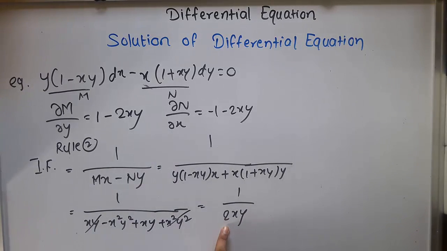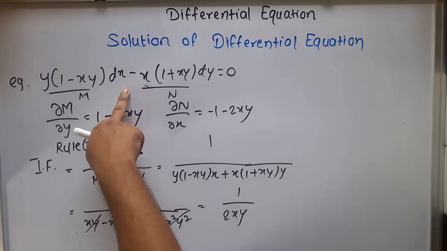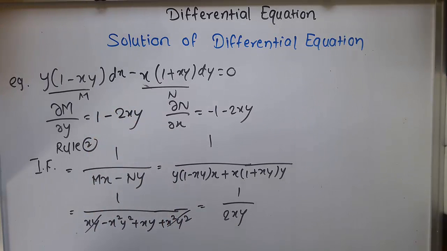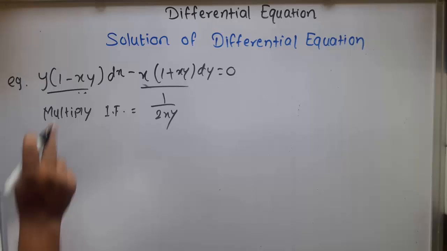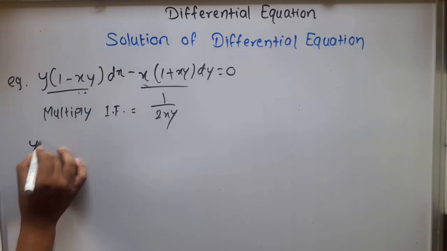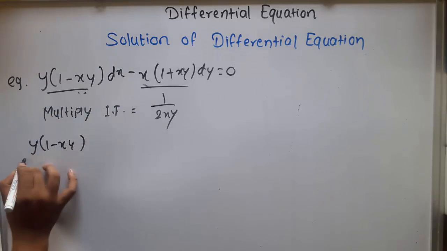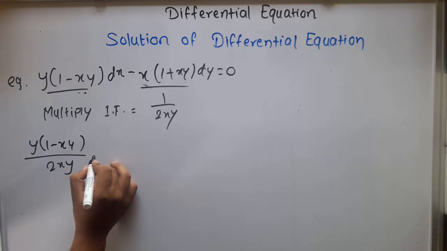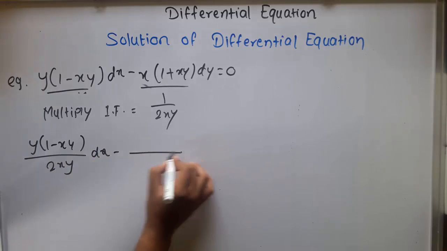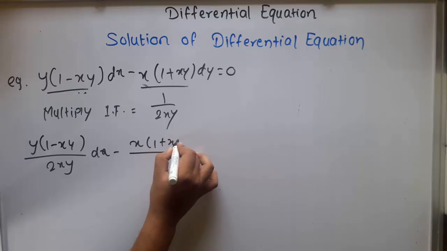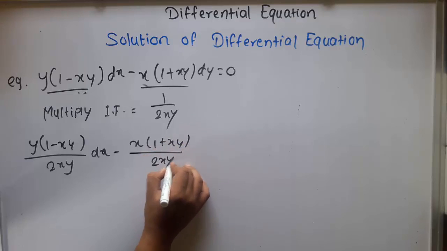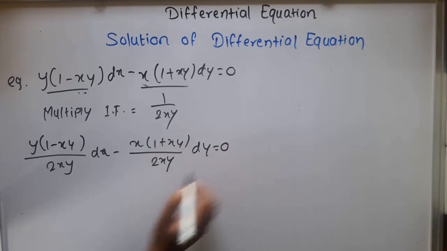By multiplying this factor to this equation, we get the exact differential equation, and then we follow the rule of exact differential equation. Now we multiply the integrating factor with this equation, our equation becomes y(1 minus xy) upon 2xy dx minus x(1 plus xy) upon 2xy dy equal to 0.